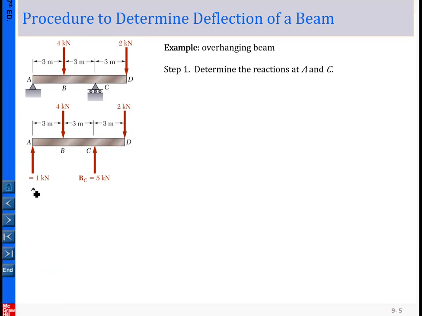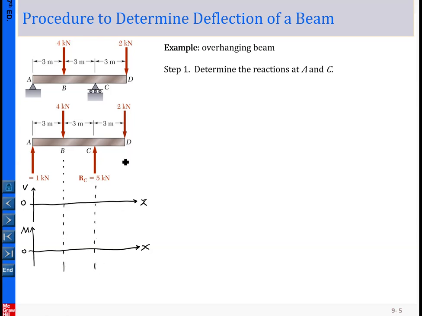So here is X and V, and X and M. Here is our exercise, one more time drawing the shear and bending moment diagram, and from here this is our sign convention. Positive for shearing.